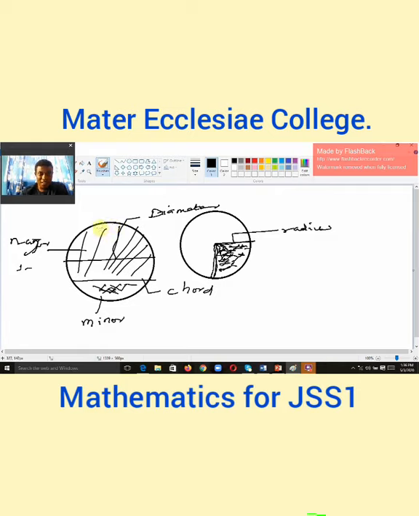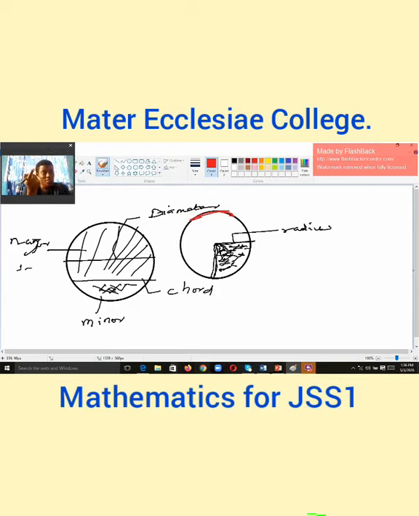Now what is an arc? Let me change my color now. If I draw a line from here to here on the circumference of a circle, that is an arc. So an arc is a part of the circumference of that circle.